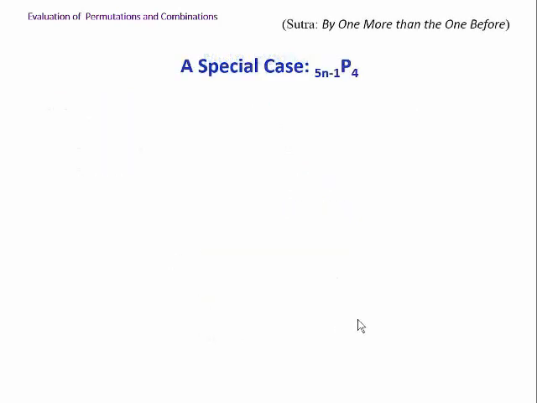Now we come to a special case. We know in the Vedic system that we've got special cases that come up. If you happen to spot them, then there's an easy way of getting the answer using a special device. And this is for permutations of this type, where we've got 4 numbers running down from a number which is 1 below a multiple of 5.